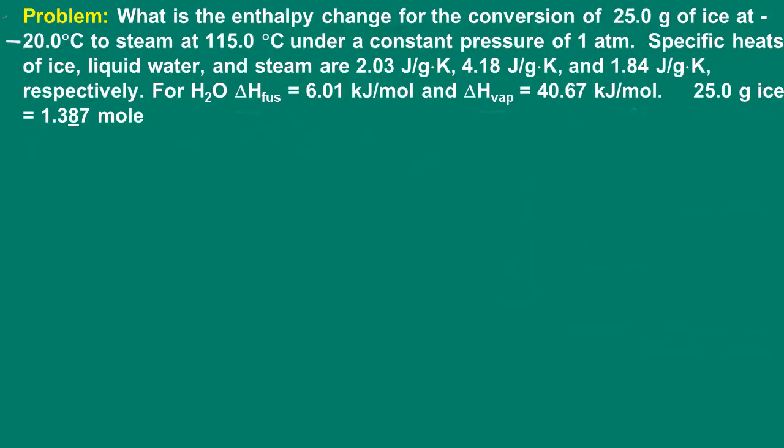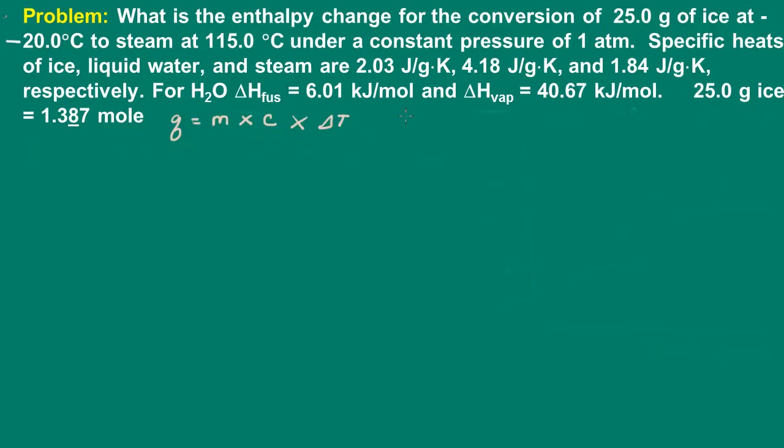And we already know, we've done these types of problems, that Q, the amount of heat absorbed, is going to be equal to the mass of the ice times the specific heat, and then times the change in temperature, delta T.